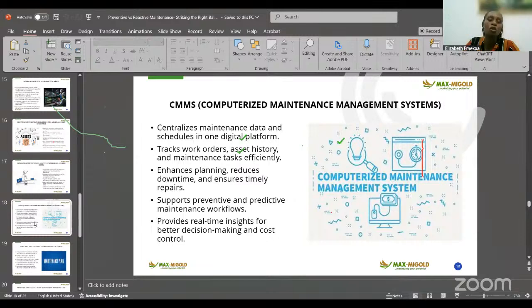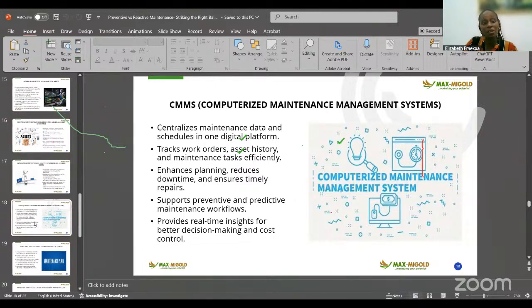You can use it to document your items in your facilities. Central maintenance data and schedule in one digital form. When is this due? When is that due? When should this be replaced and all that? That is what a CMMS does.